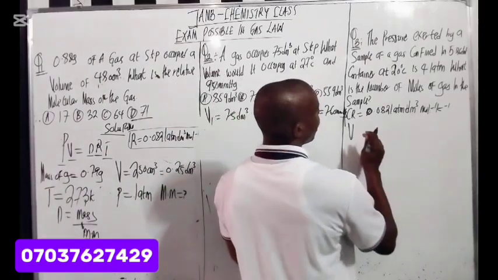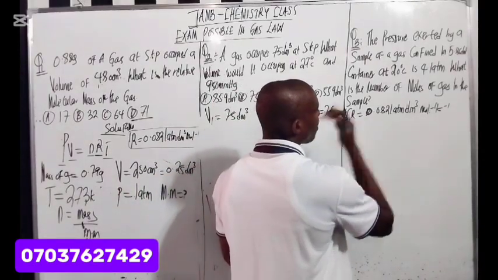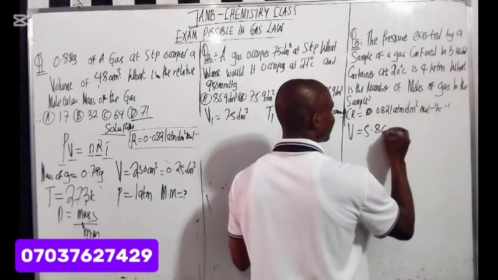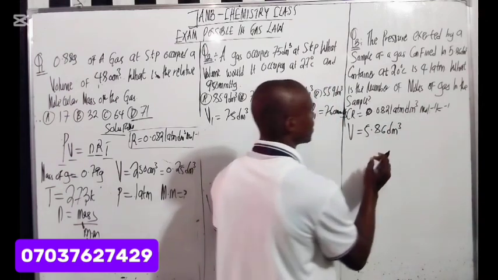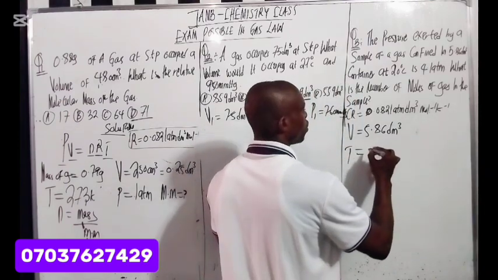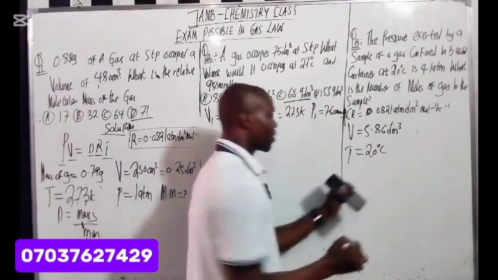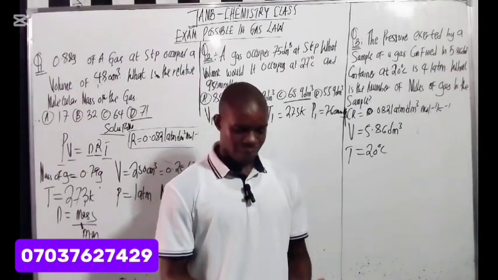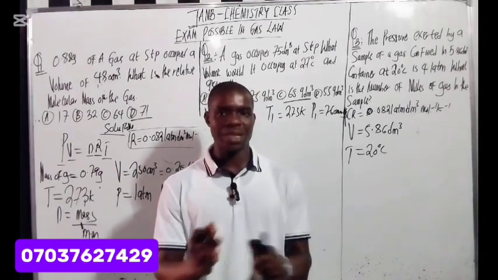So my volume is 5.86 dm cube. Can you see that? My temperature T is 20 degrees centigrade. Remember, temperature will always be converted to Kelvin, and when you convert it, you add 273.